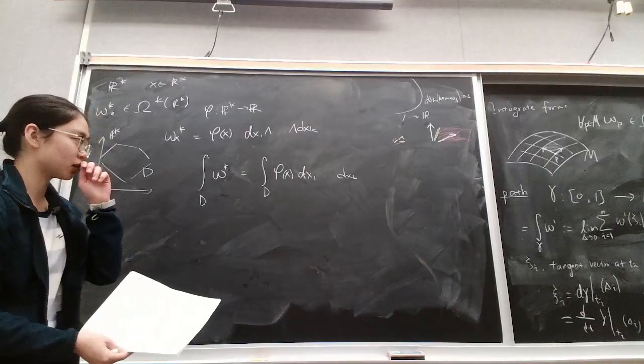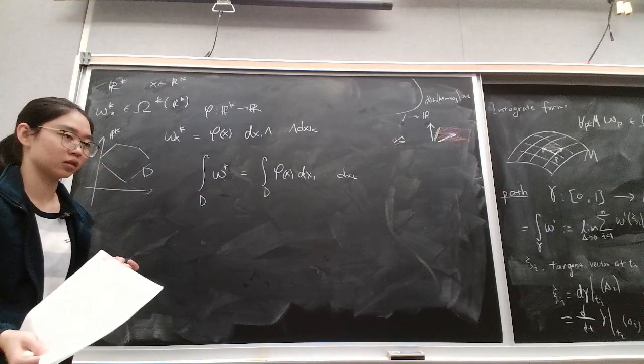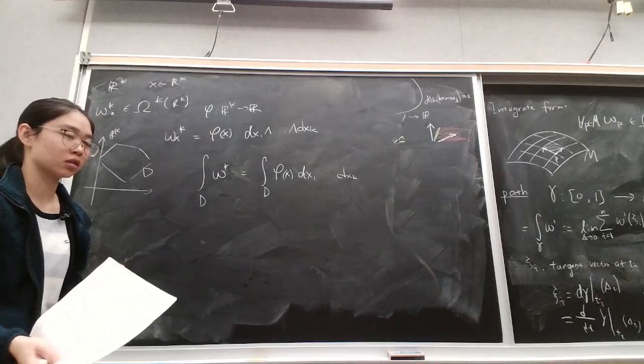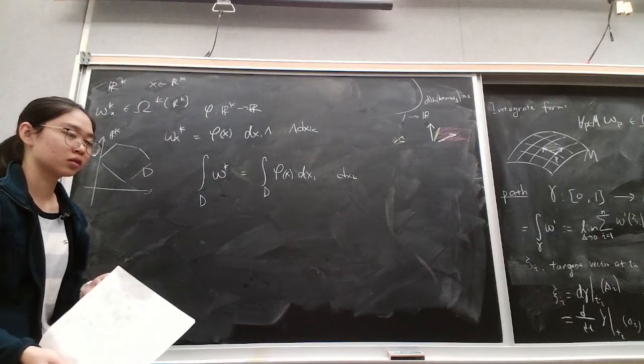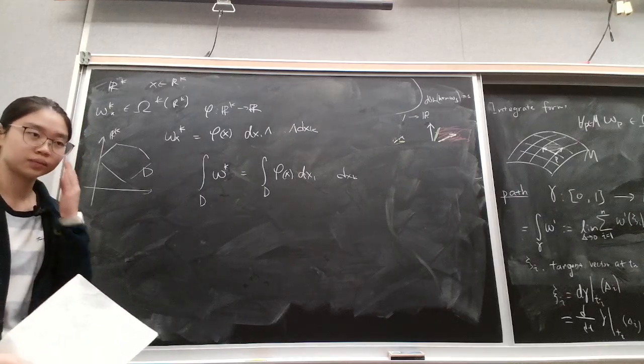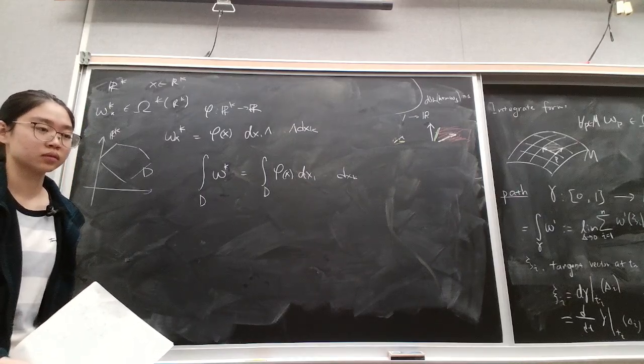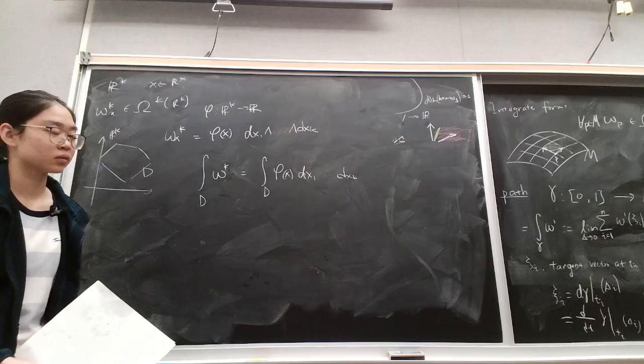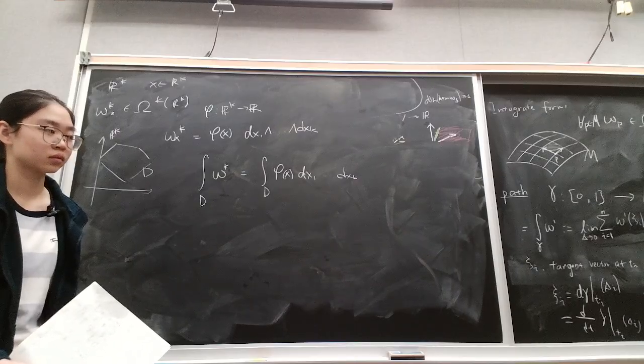Is the reason that we define a pullback so that we can do this in a manifold and not just in flat space? Yes. The point of a pullback is, here I have a k-dimensional form in a k-dimensional space, but in principle I could have a one-dimensional line in a multi-dimensional space.